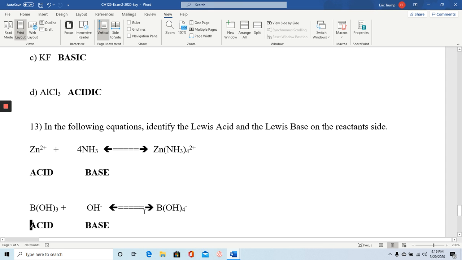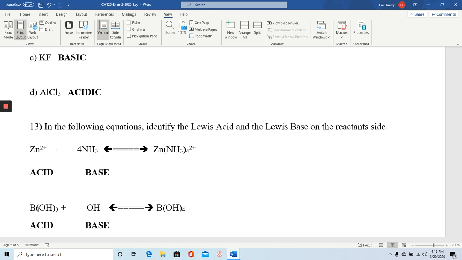In the second question, the clue that OH minus is the Lewis base is the negative charge. Also, oxygen has 3 lone pairs on it. This is called boric acid. And if we were to draw the Lewis structure of boric acid, boron is in group 3.